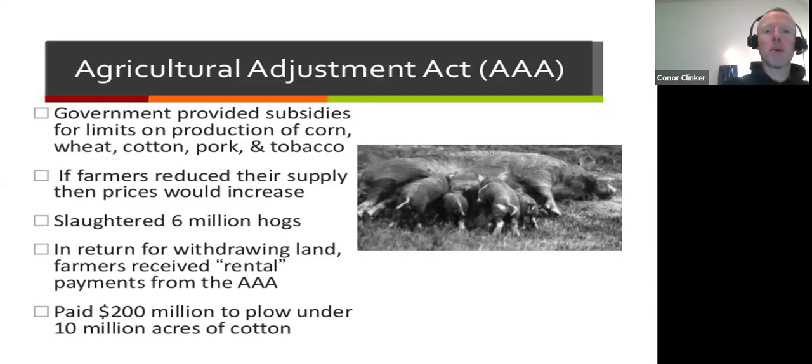So now the American farmers are producing too much food. And when the supply of something is very high, the price of it goes down, right? So American farmers were producing so much food that the price of bacon was incredibly, incredibly low because there was too much supply.